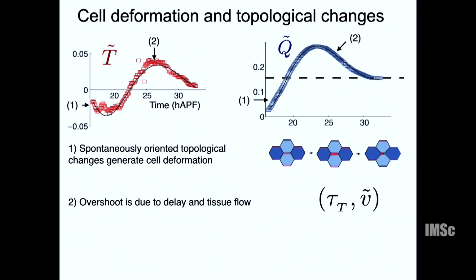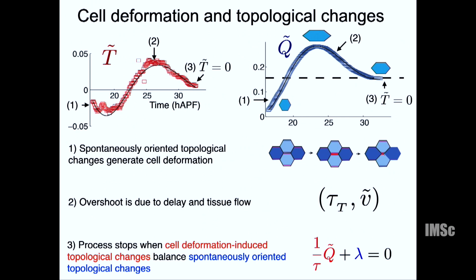And when it happens, it starts increasing in the x direction. At the final time, what happens? The contribution to shear due to the cell elongation is exactly cancelled by the spontaneous T1 transitions which were happening in the y direction, which was clearly due to the active processes.